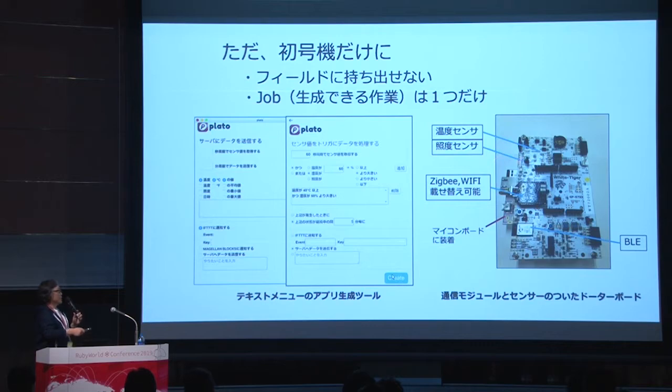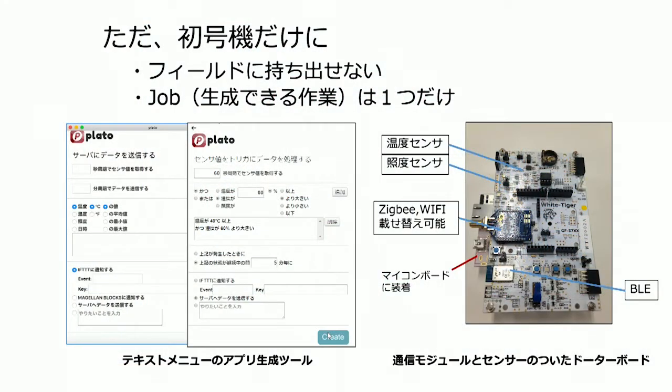Here, I'd like you to see the Wi-Fi, Zigbee daughter board connected to the microcomputer. Here is the microcomputer port, and here's a menu. You don't have to write code.